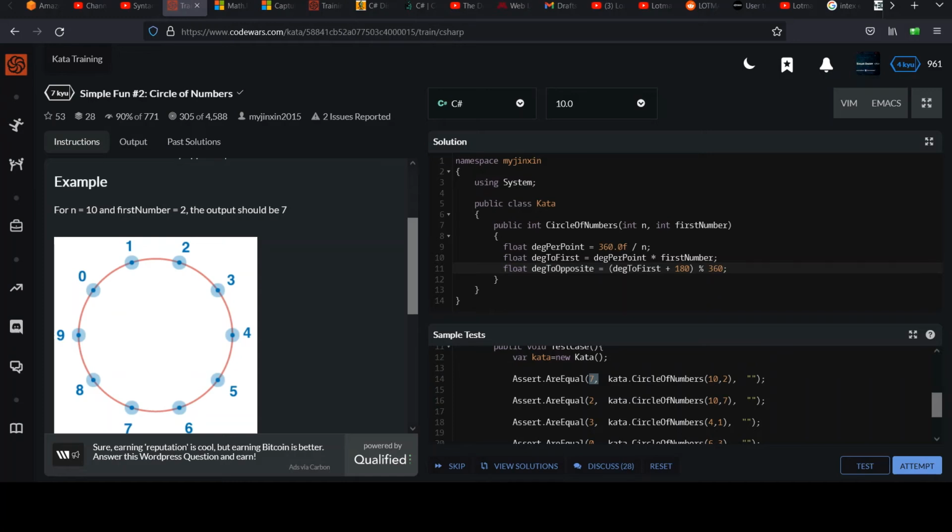Okay, good. So now finally, to convert back, we've got the degree value representing 7, but we don't want that degree value, right? We want the number 7. So we've got to get back to that.